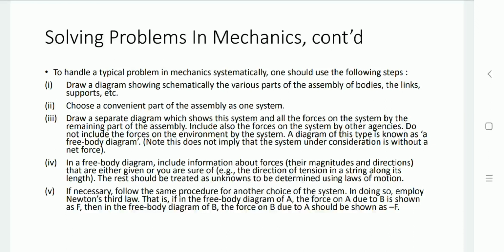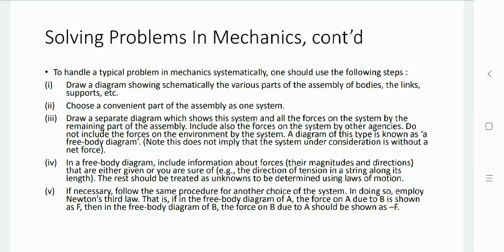Now choose a convenient part of that assembly as the system. Now draw its separate diagram which shows that system and all applicable forces on that system by the remaining parts of the assembly.